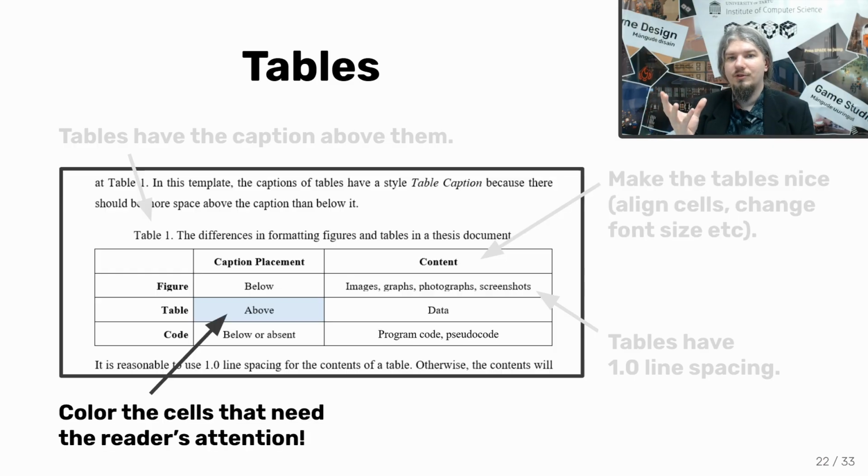And you can use colors to highlight some cells that the reader should pay close attention to. For example, here this cell is highlighted to show that tables have caption placement above the table. It's important that the reader really looks at this blue cell, that the caption should be above the table, so it's highlighted in this example.